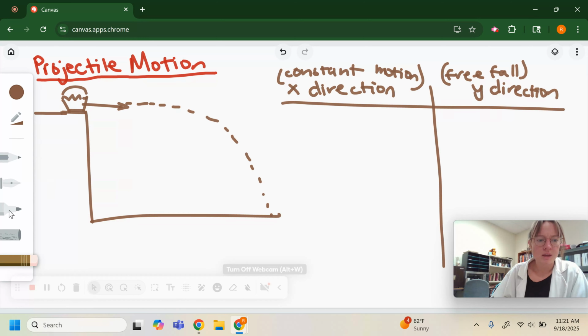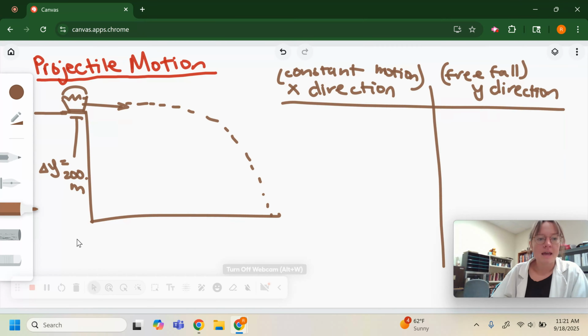Now suppose that you knew that the height of the cliff that the muffin is on is 200 meters. That is a pretty large cliff.